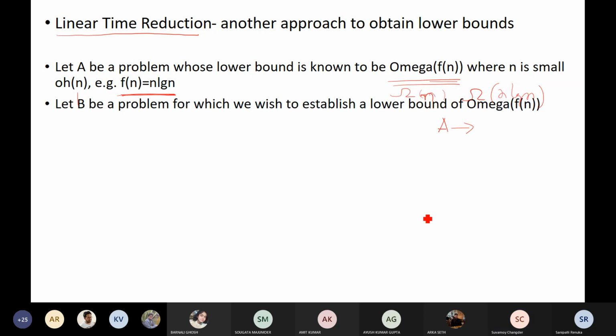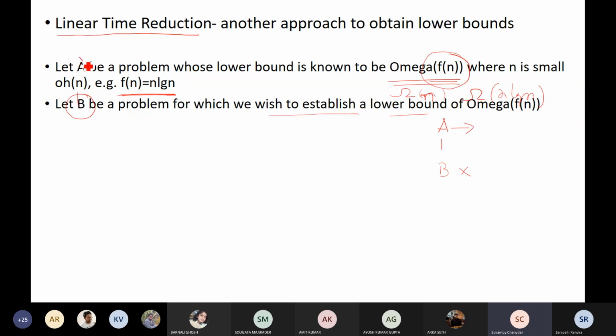Then we want to find the lower bound for a given problem B. Let B be a problem for which we wish to establish a lower bound. Since we know the lower bound of A but we do not know the lower bound of B, our target will be to establish a lower bound equivalent to the function f of n, omega of f of n.